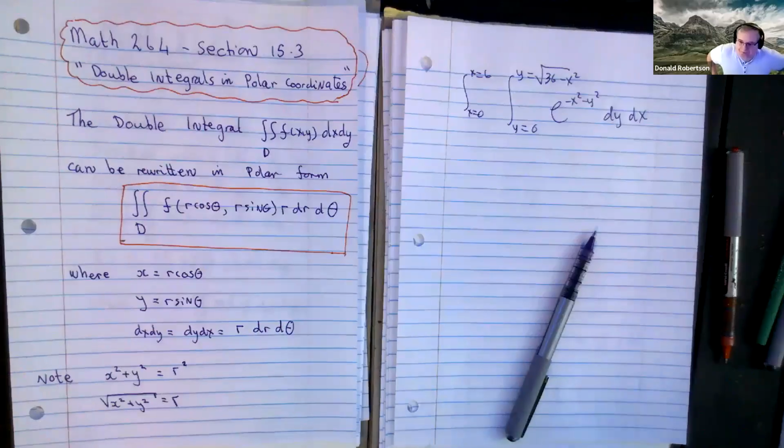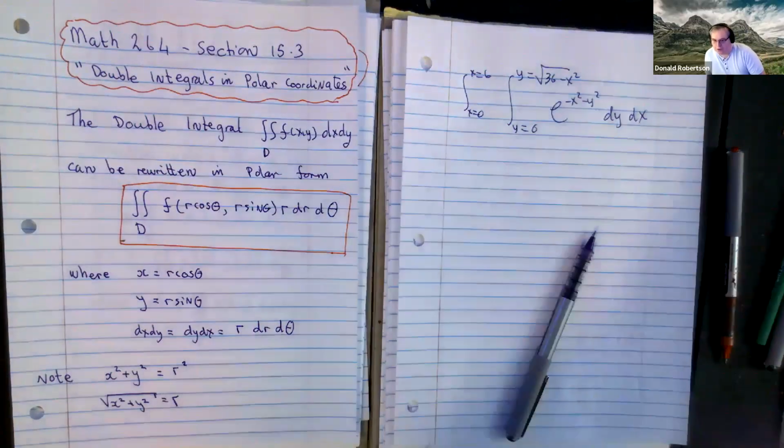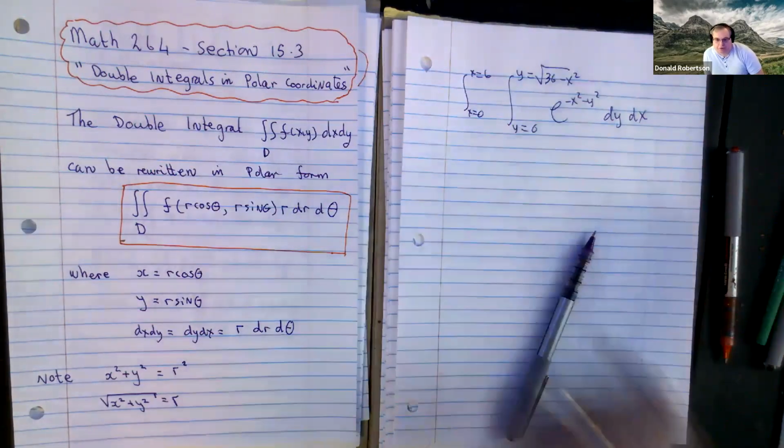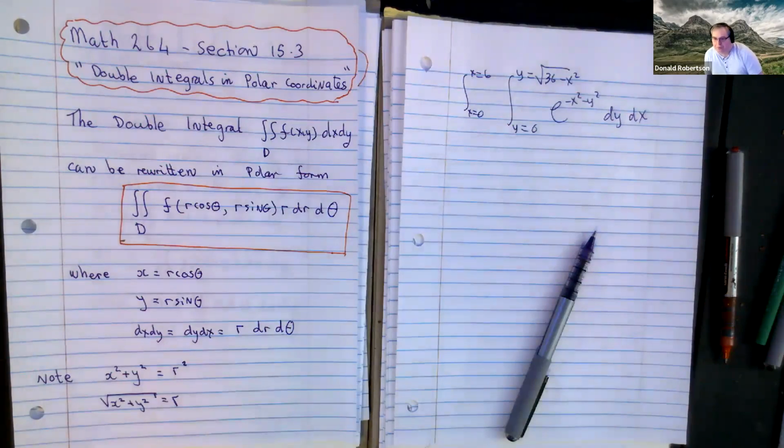Actually, I think I'll just look at that one right now. If I'm going to turn that into polar, I need to know what the region looks like so I can describe it in terms of r and theta. And right now, it doesn't look like you can tell much at all.